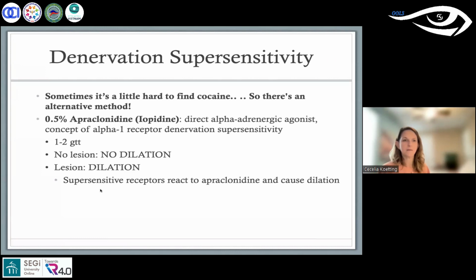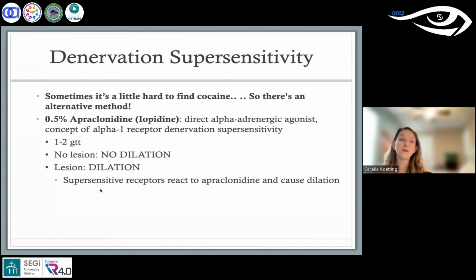So we want to see, is it super sensitive? The way that you do this is cocaine. We occasionally had cocaine in our office, medical grade. I promise we're not picking it up from elsewhere. It was used for testing for this, but it would be left over from certain surgeries that my oculoplastic surgeon would do. So we could use diluted cocaine.